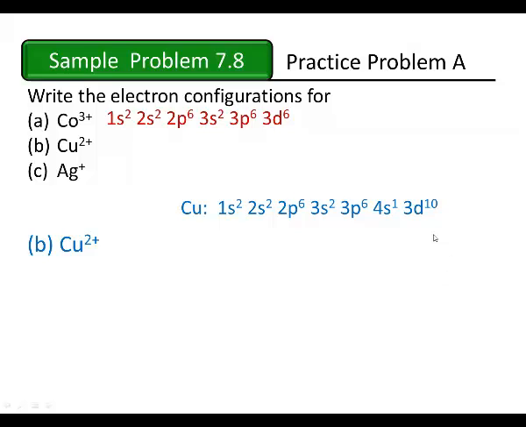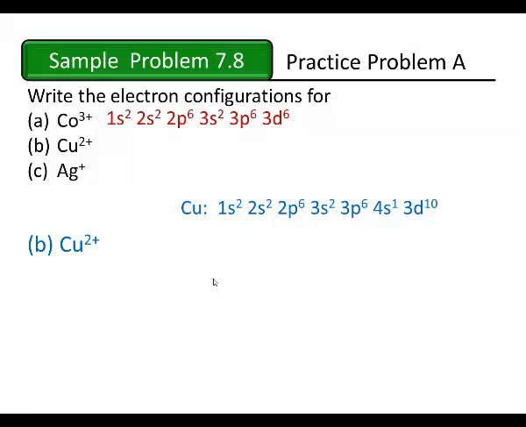Now this electron configuration does not follow the normal pattern that we've discussed in class about electrons populating subshells. Ordinarily, we would expect the 4s to completely fill before we put any electrons in the 3d subshell. But copper happens to be an anomaly to our previously discussed pattern.